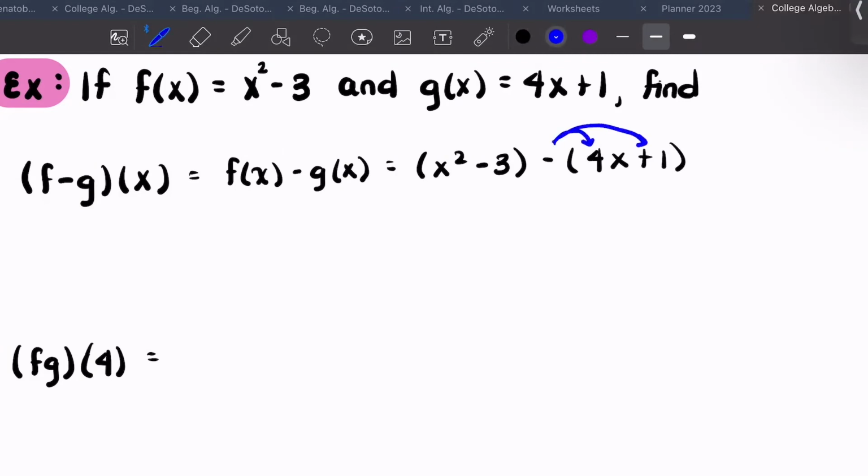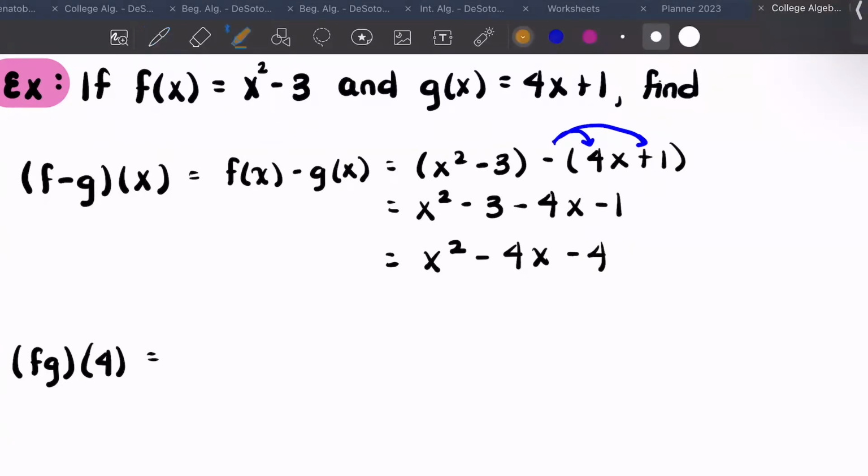Distribute that negative. X squared minus 3 minus 4x minus 1 gives us x squared minus 4x minus 4.